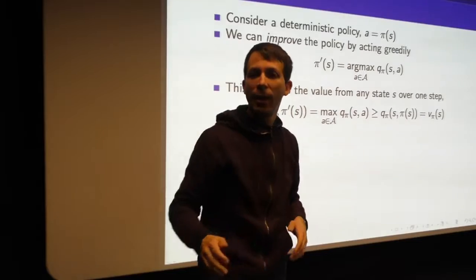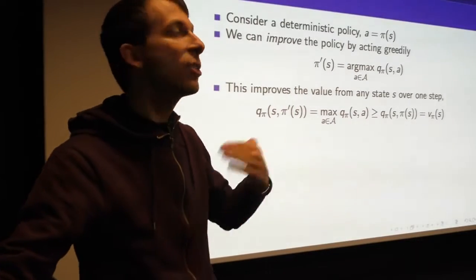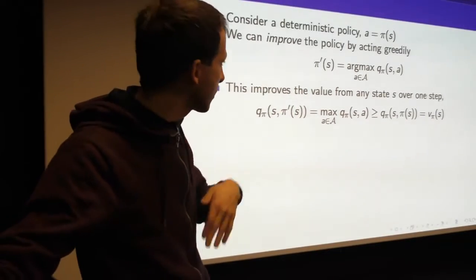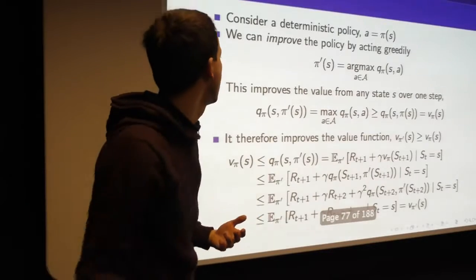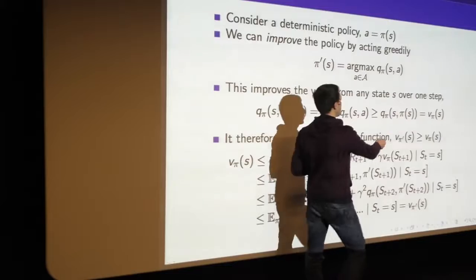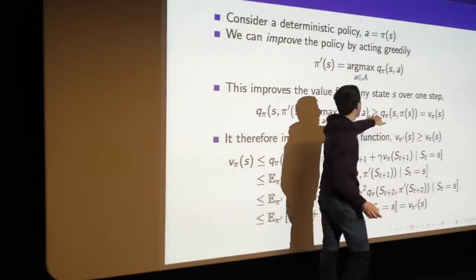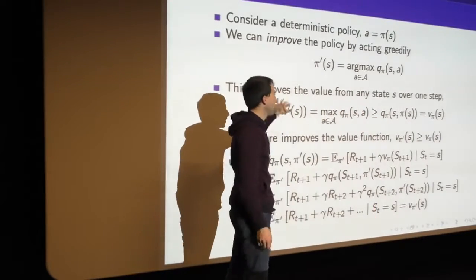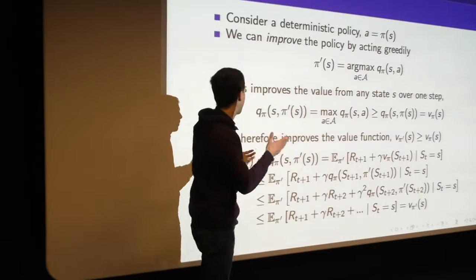Okay? And then all we have to do is iterate this using a telescoping argument. We've basically got our result, which tells us that v pi is less than or equal to this q pi term. That's our premise.